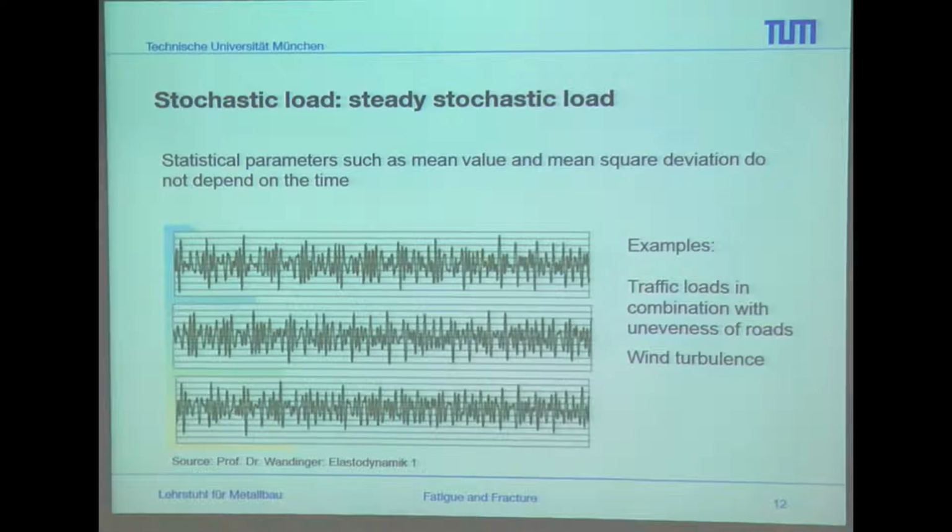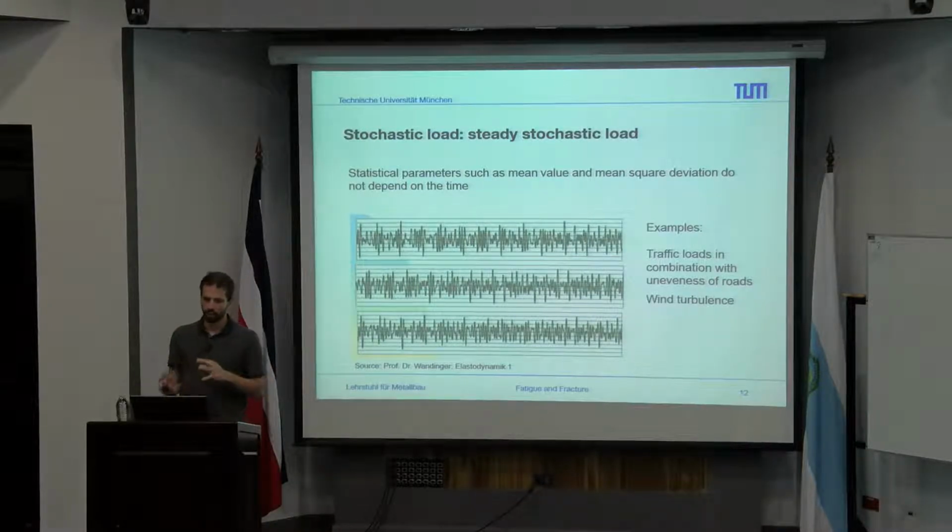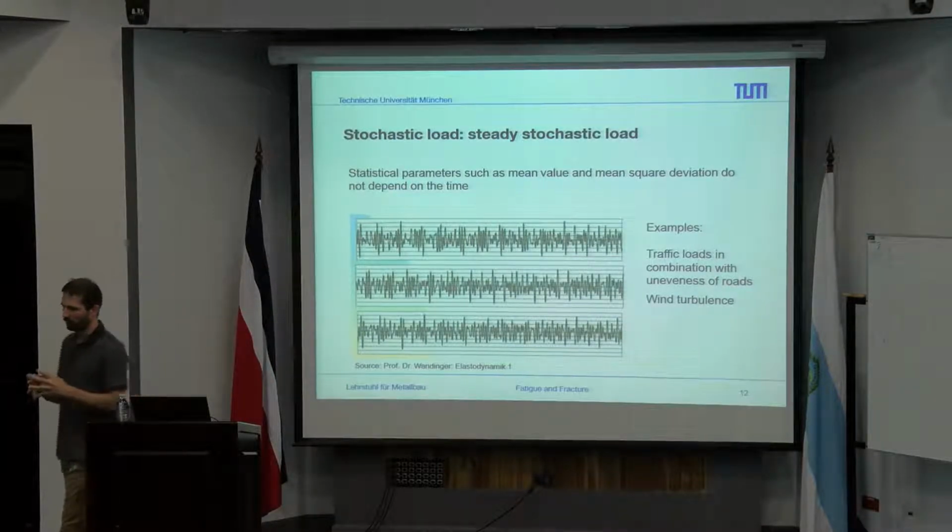At the end, due to, for example, the unsteady stochastic loads, we have here some different time signals. And of course, all these time signals are combined together.